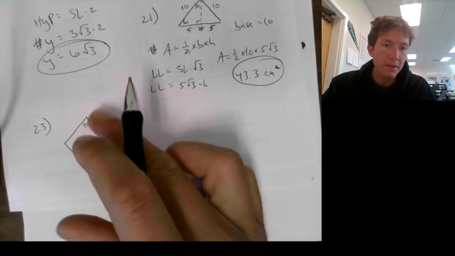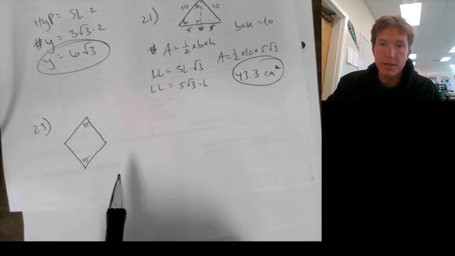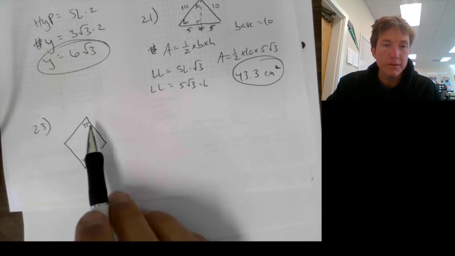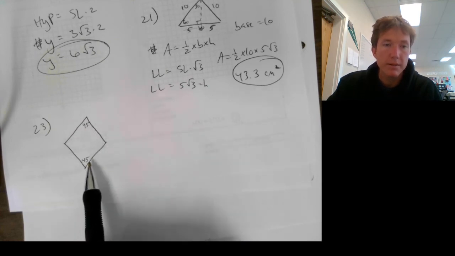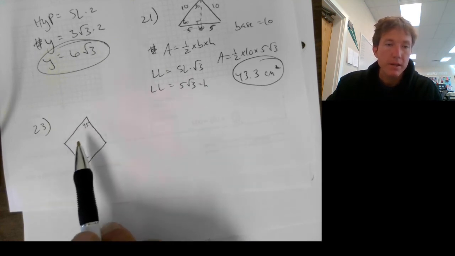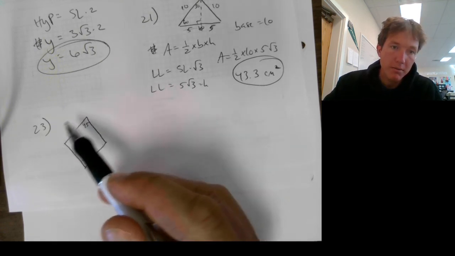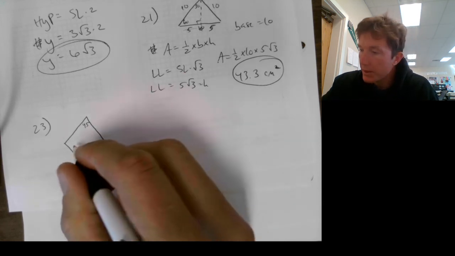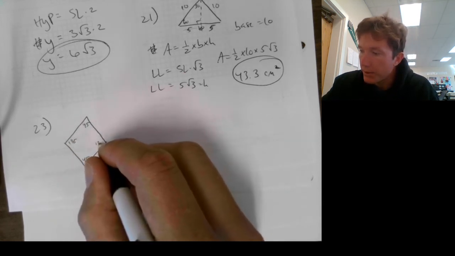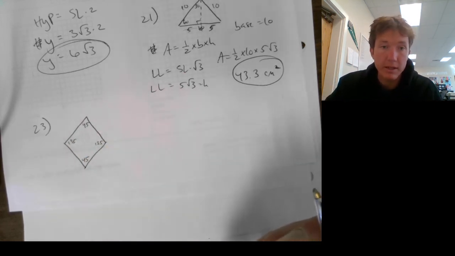Remember, opposite angles of a rhombus are the same. So this is 45, and this is 45. These two are supplementary. So that makes this one 35 and this one 35. I'm not sure if we need to know that yet.